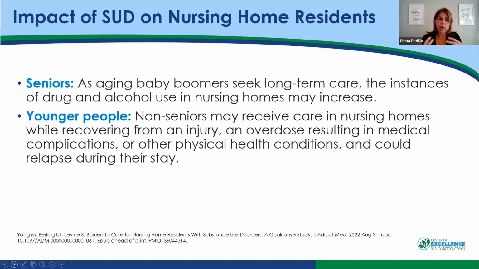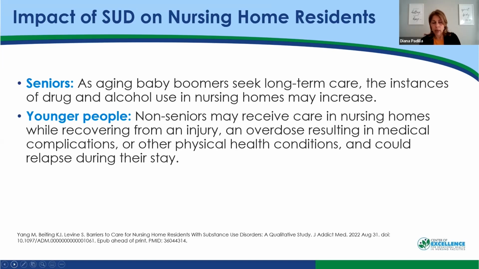When you have seniors as residents who need long-term care and have different health-related and medical issues and maybe medications that they're taking, the use of substances or alcohol can create a lot of different complications: the interactions of chemicals, and how it can further impact existing medical issues.